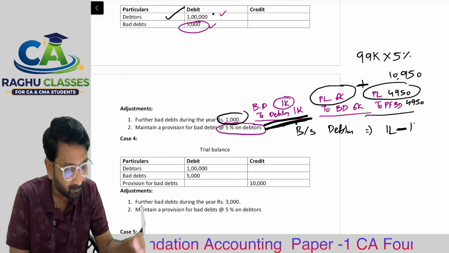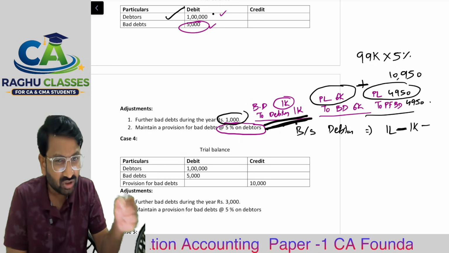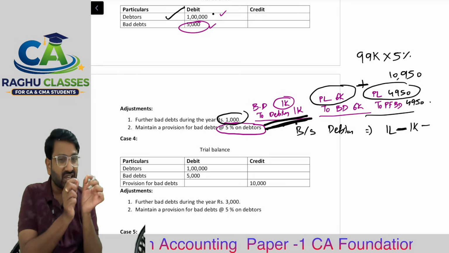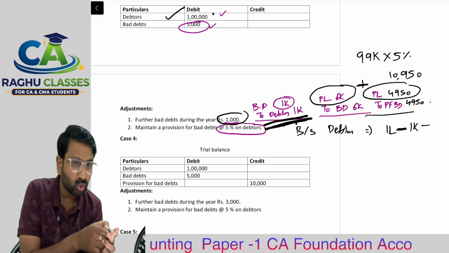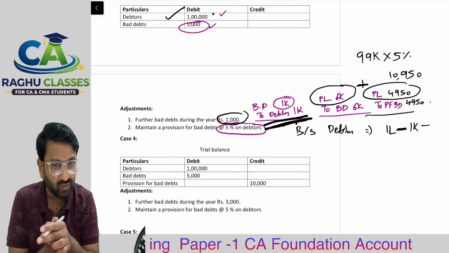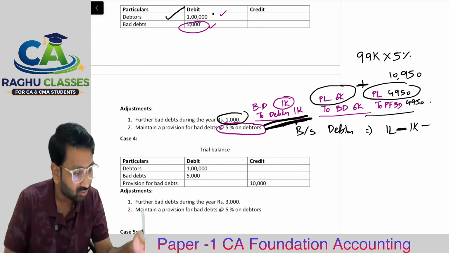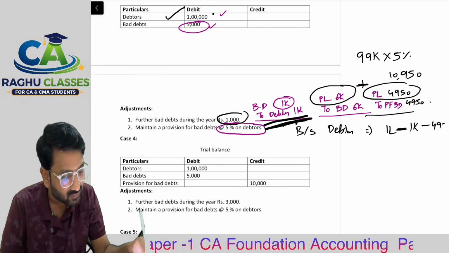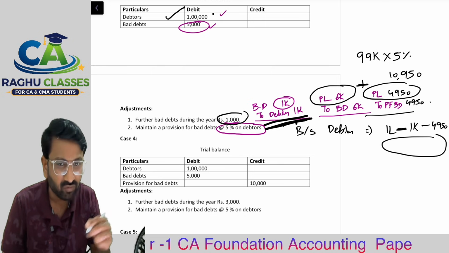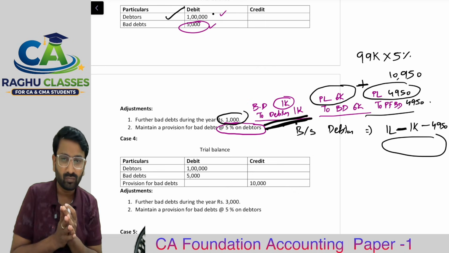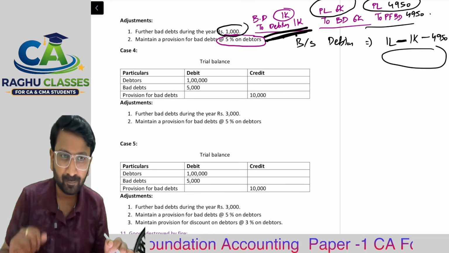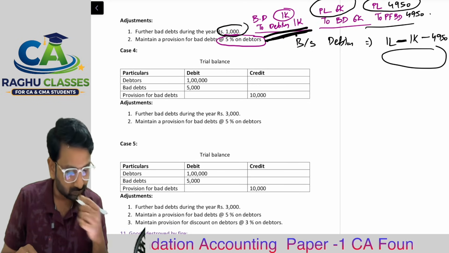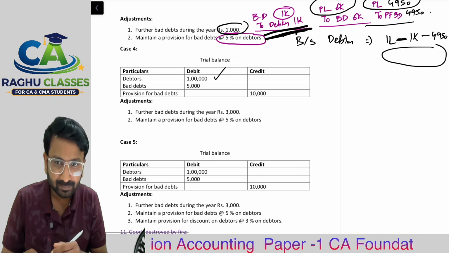That is 1,000. And you made a provision for 4,950, which is like a credit balance. This credit balance item, instead of showing on liability side, we will minus from debtors figure. So we'll minus that 4,950. The final figure, whatever you get, will be shown in the balance sheet. Okay. Let's take one more example. Extension. Case 4. You have 1 lakh debtor.